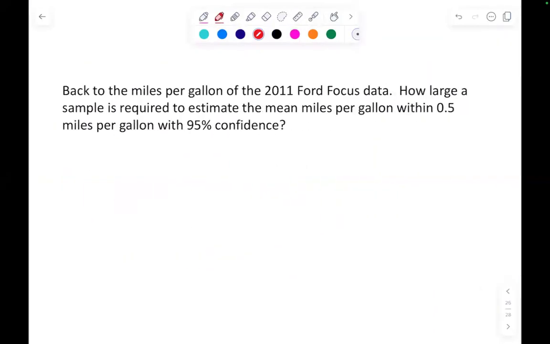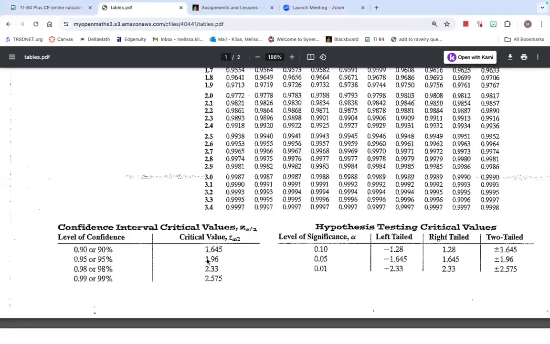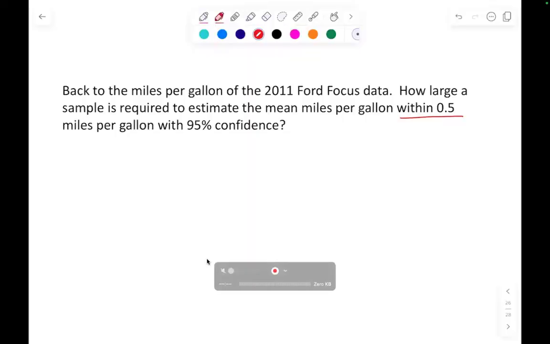All right. So I would like you to try to find your sample size with a 95% confidence interval within 0.5 miles per gallon. I'll get you the Z score. Our Z score is 1.96. And then we need the standard deviation.